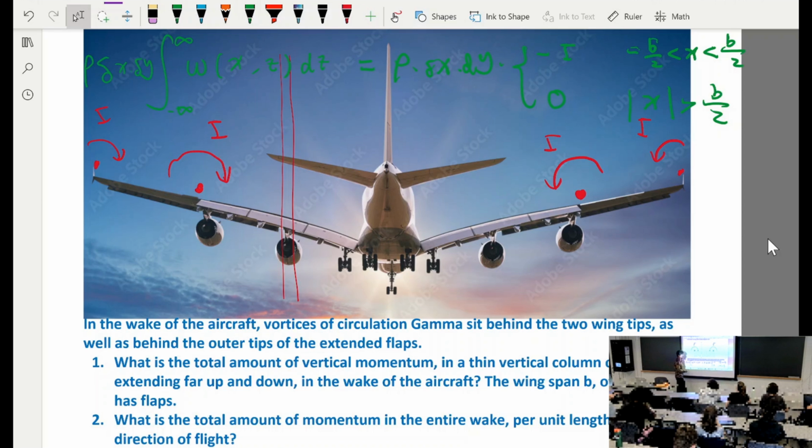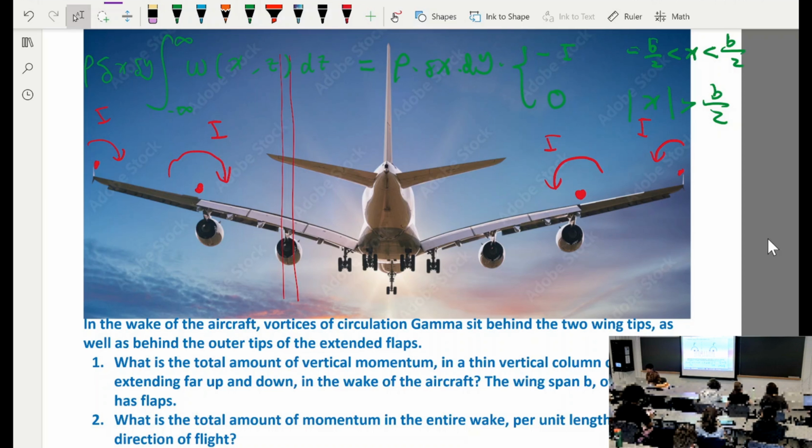It is momentum because gamma actually has the unit of what? Remember, circulation is integrating velocity over a contour, over a length. So it's velocity times length. Okay, so velocity times length and length. So it's velocity, these three things multiplied together is velocity times volume. Now there is a density. It changes the volume into mass, right? So this whole thing is velocity times mass, which is momentum. Okay, so that's basically how much momentum you have on the vertical column.